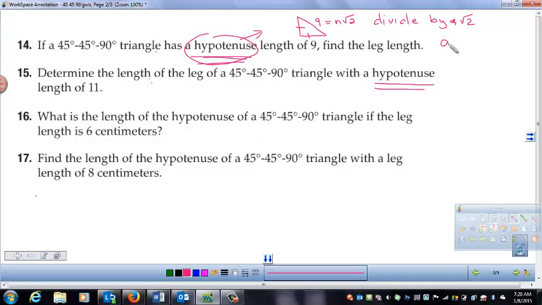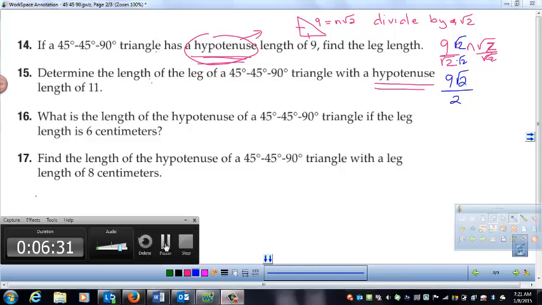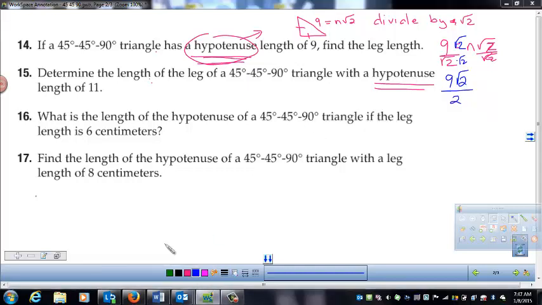So I would have 9 equals n square root of 2, and if I divide by the square root of 2, these cancel. And you learned last year in algebra that you can't leave that, so you multiply by the square root of 2. And in the denominator you get 2, in the numerator you get 9 square root of 2. So that answer is 9 square root of 2 over 2.